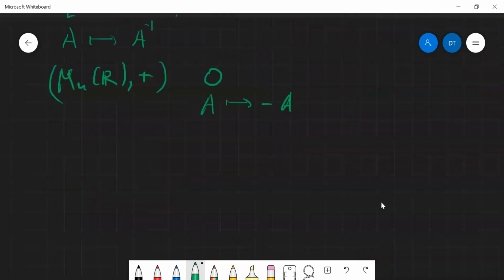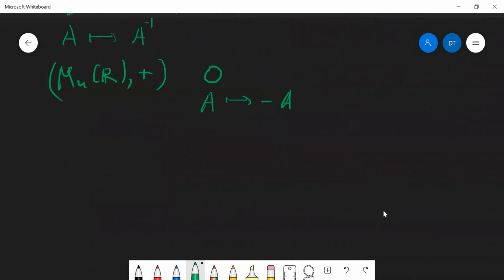Now, the next example. If I take, not GLN, but all matrices with multiplication. Is this a group? Why?